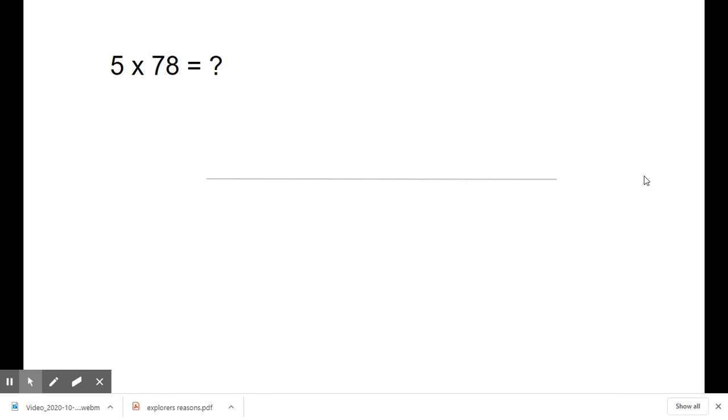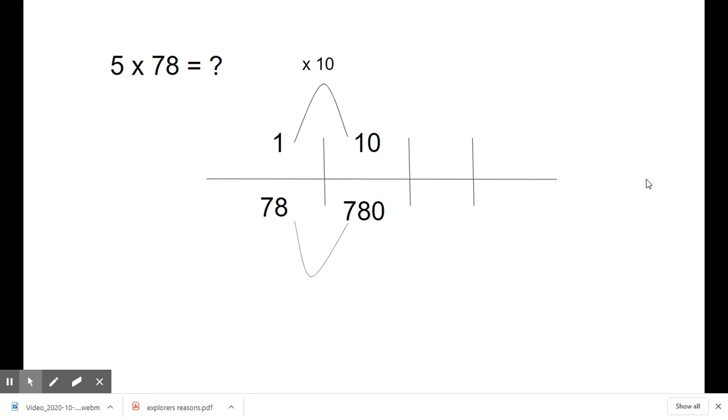5 times 78 equals what? One times 78 is 78. 10 times 78 is 780. Now we can take 10 divided by 2 is 5. 780 divided by 2 equals 390.